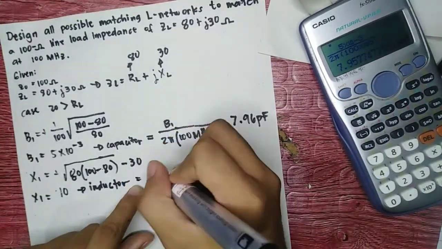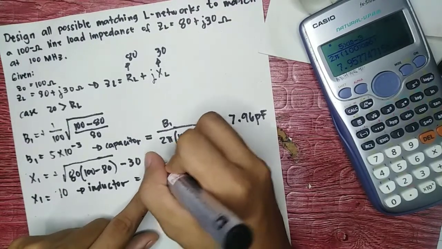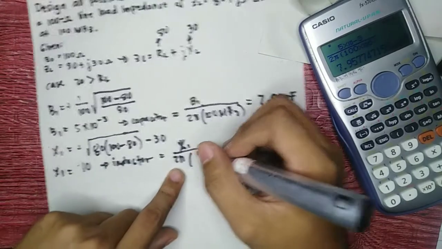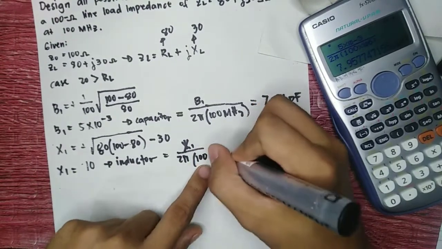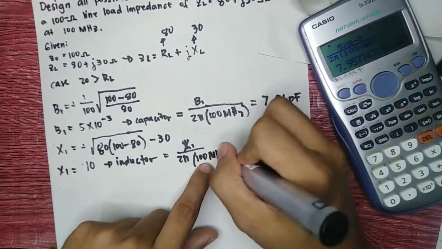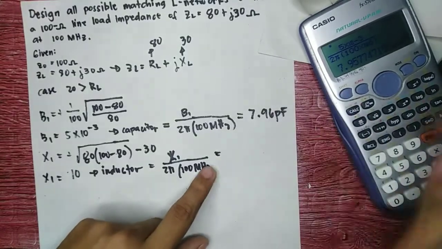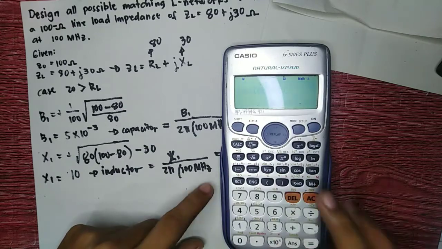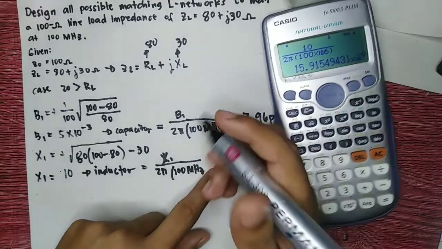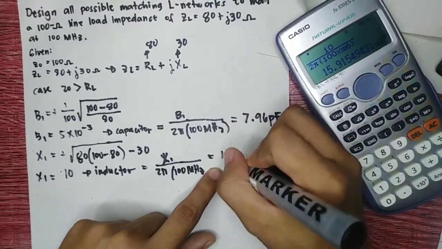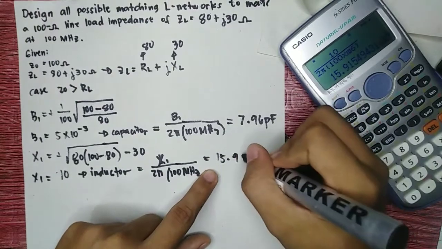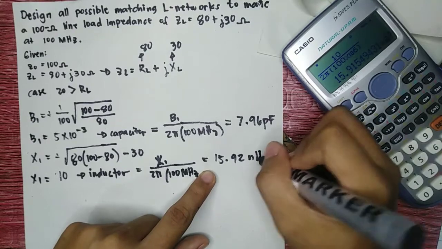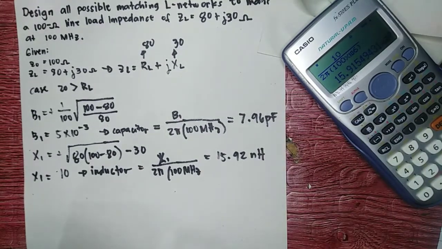For the inductor, we have X1 over 2 pi times 100 megahertz. So our X1 is 10, divided by 2 pi times 100 megahertz, equals 15.92 nanohenry.